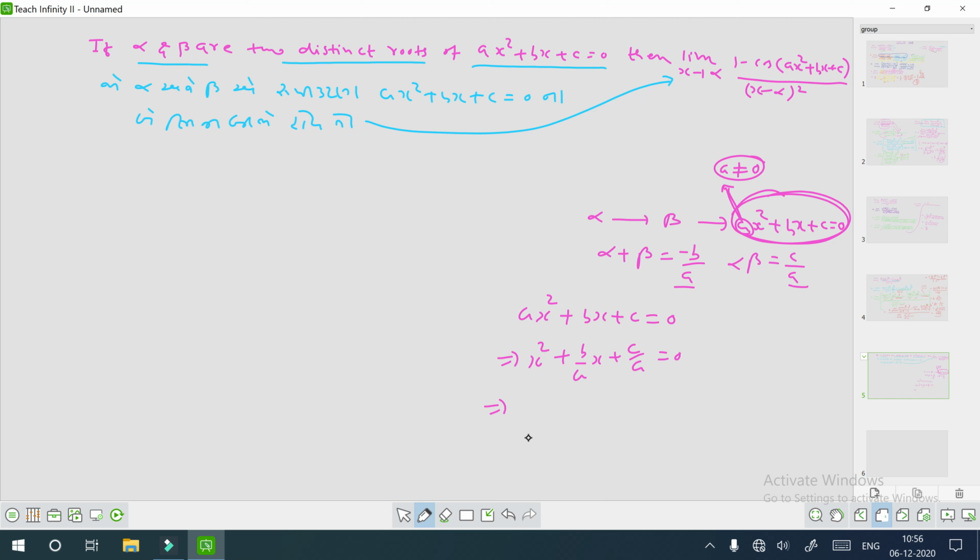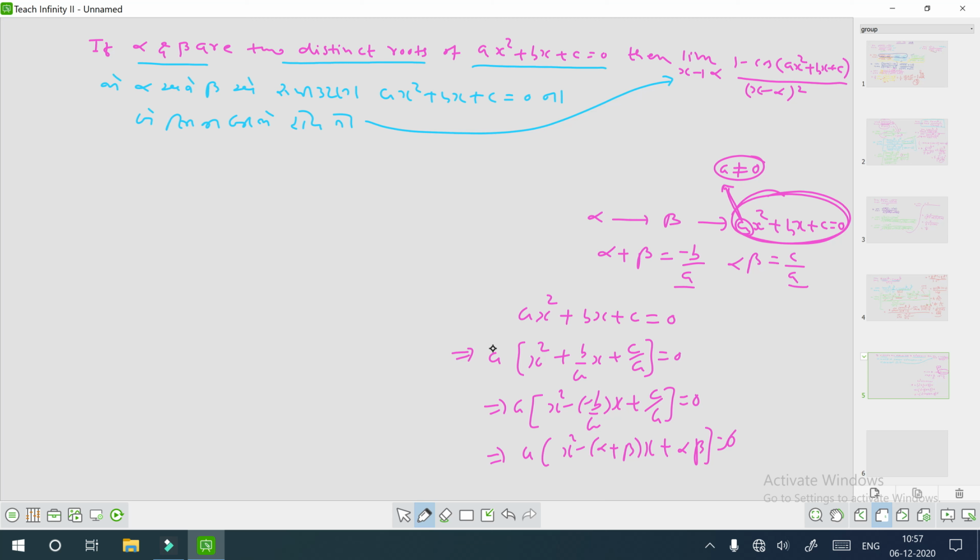So a of x square minus b by a into x plus c by a equal to 0? Yes. So that is equal to a into, can I write here x square minus alpha plus beta into x plus alpha beta is equal to 0?